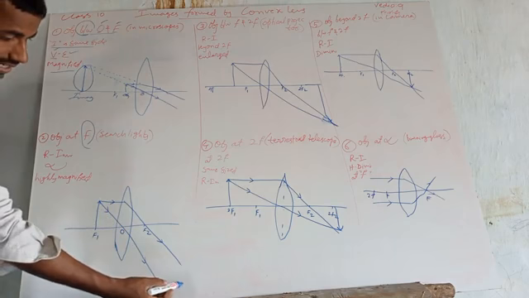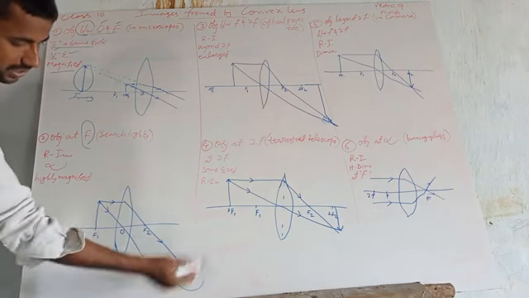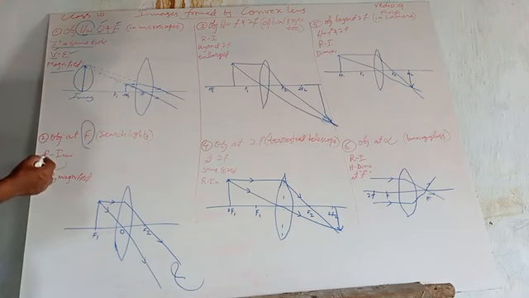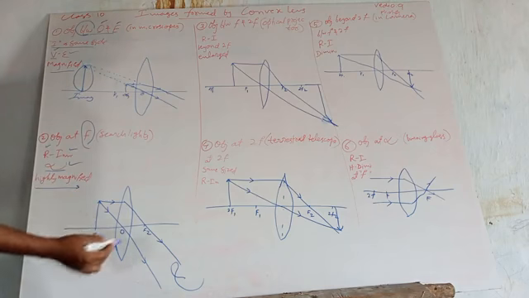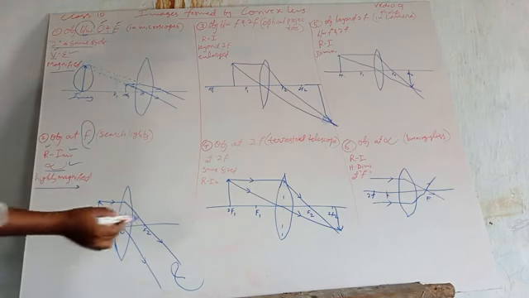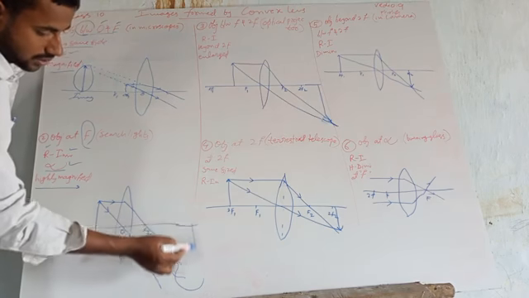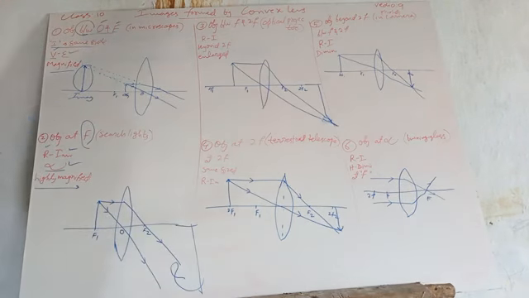So both lines are not meeting here, they will meet at infinity. The image is real and inverted, and it is highly magnified, too much big. Like this, if you draw more, it goes down. Too much big an image you will get.